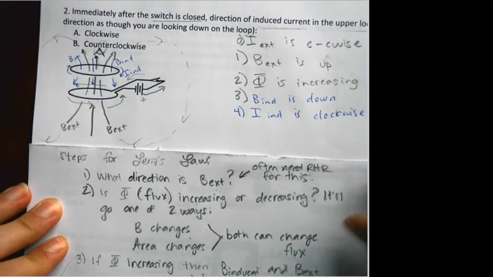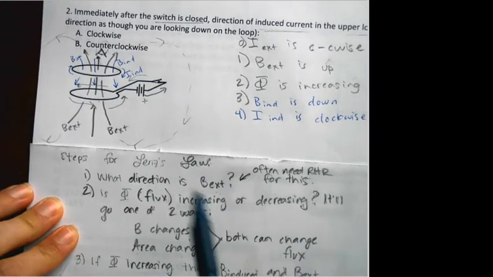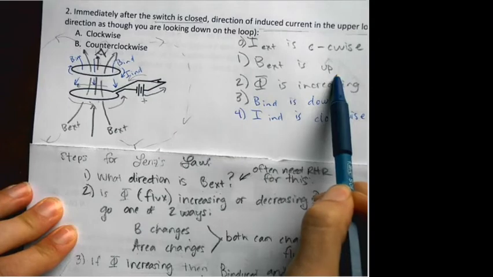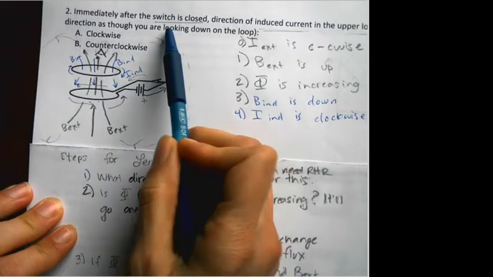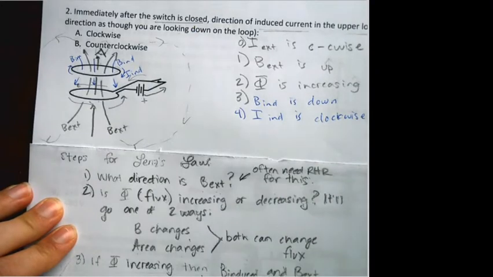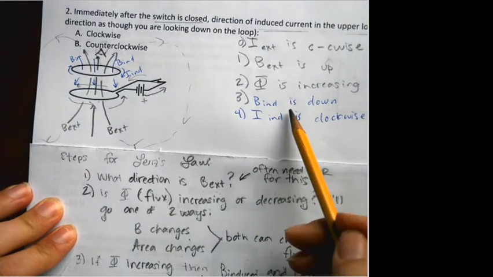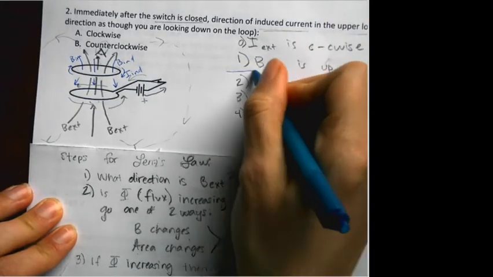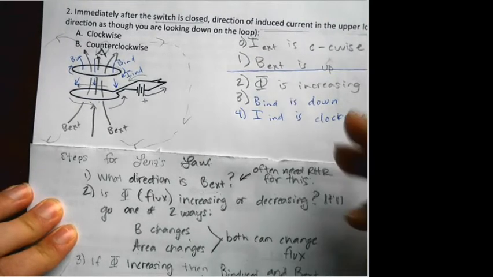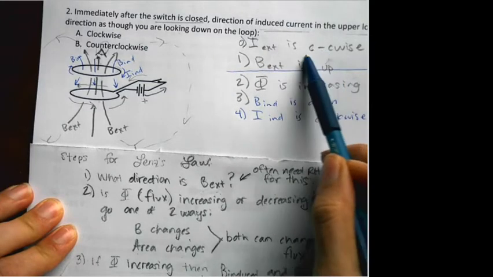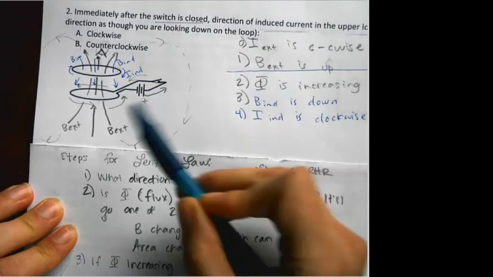I realize that I'm mostly doing things that involve the flux going up, and I don't want you to think that it's always that way. So let's consider the opposite. Pretend the switch is closed and then it opens. Things would be the same here: the external current is still counterclockwise and B external would still be up.